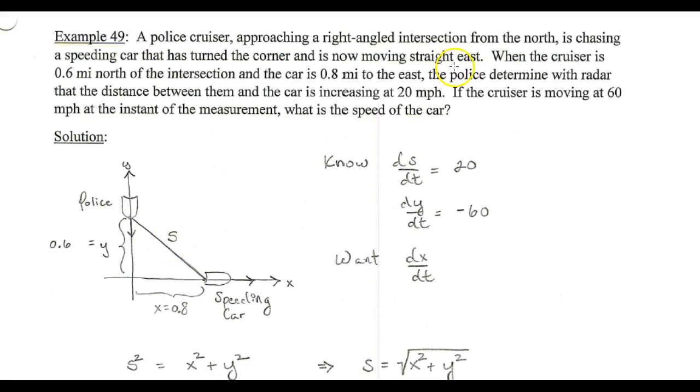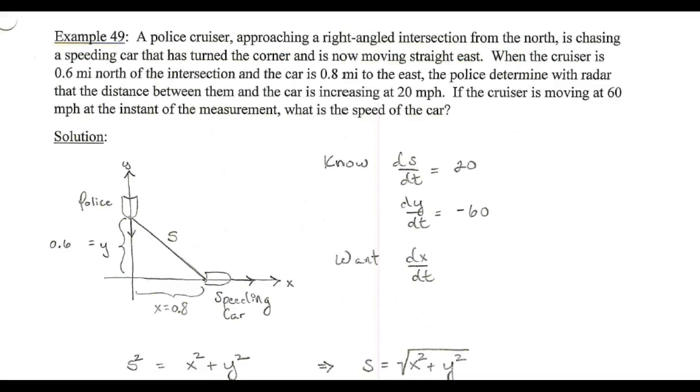We also know that the cruiser is moving at 60 miles per hour at the instant of measurement. So that means dy/dt would be minus 60, right? The minus means it's decreasing. Speed is just the absolute value of that, so that's how you get the 60 miles per hour. So what we want is dx/dt. What's the speed of the car? That would give us the velocity, so we just take the absolute value of it, although we know that will be positive because x is increasing.